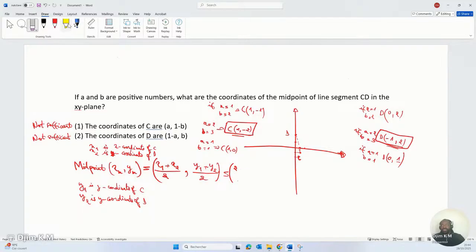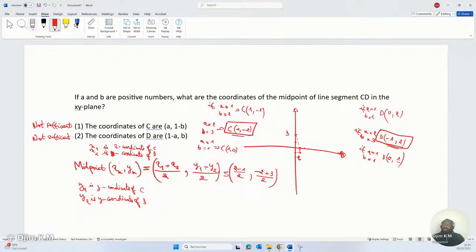That would be minus 1 divided by 2. y1 is minus 2. And so here will be 3 plus 3 divided by 2.